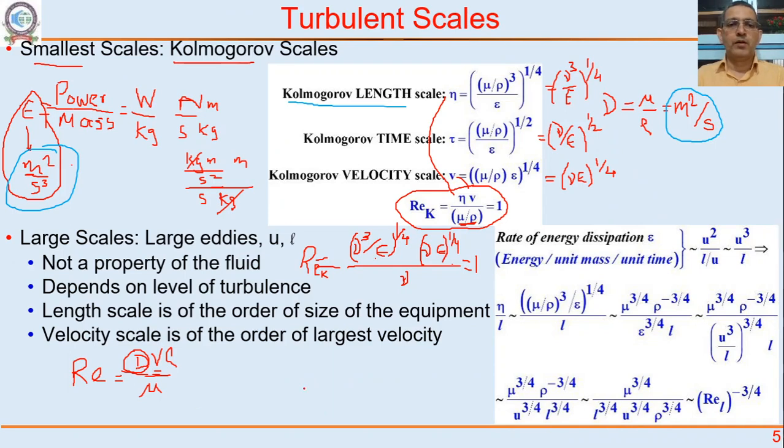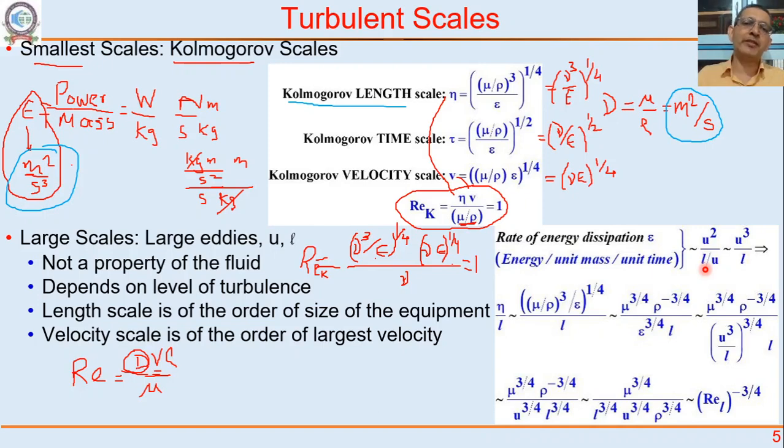Okay. So if you have a large eddy, it will have a kinetic energy proportional to u square, and it will have a time scale of L by U. So imagine you are standing on a platform, there is a train of length 100 meters and the train is going at a speed of 10 meters per second.